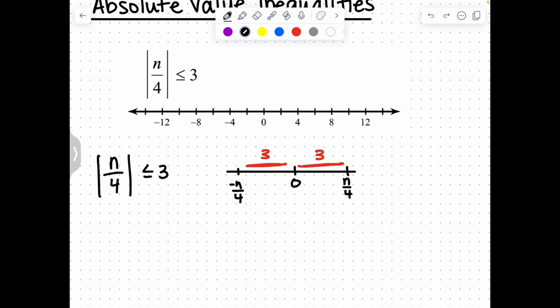So as we travel 3 units in the positive direction to get to whatever this n over 4 is, that means that number, n over 4, is representing 3.